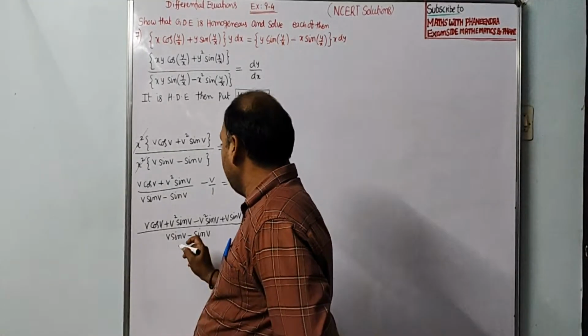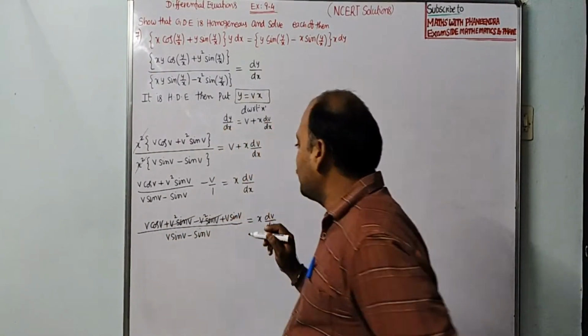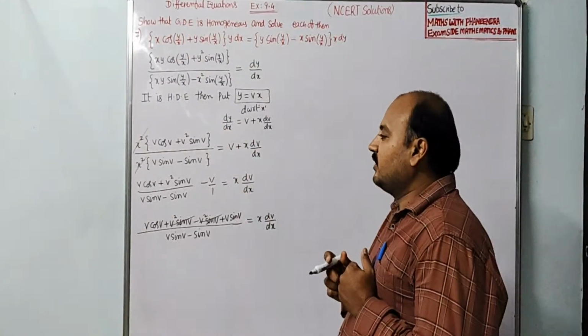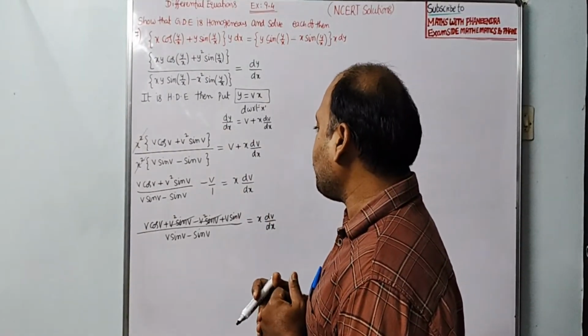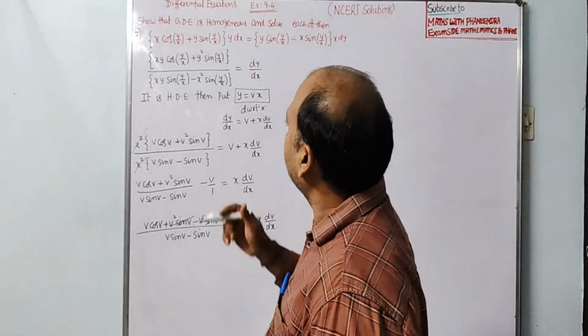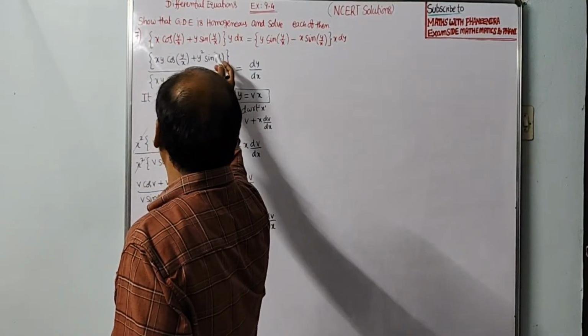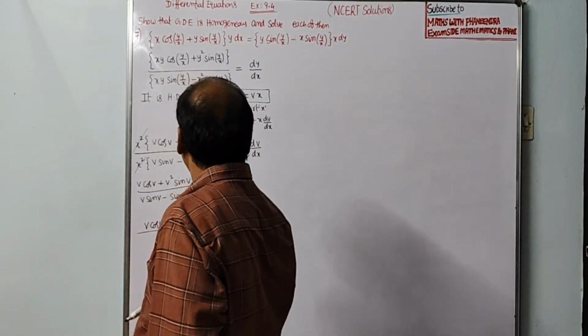See here, plus v square sin v minus v square sin v get cancelled. Then the remaining terms.